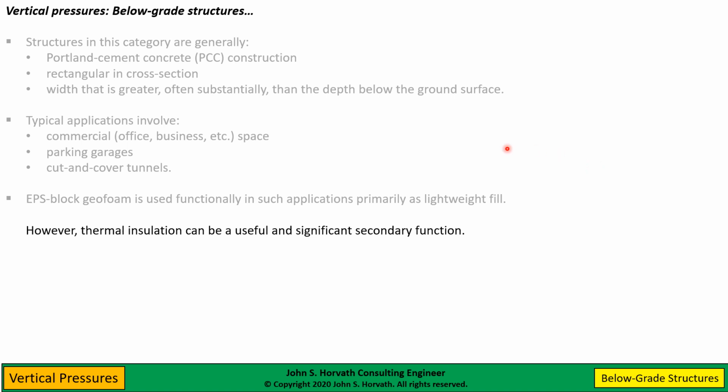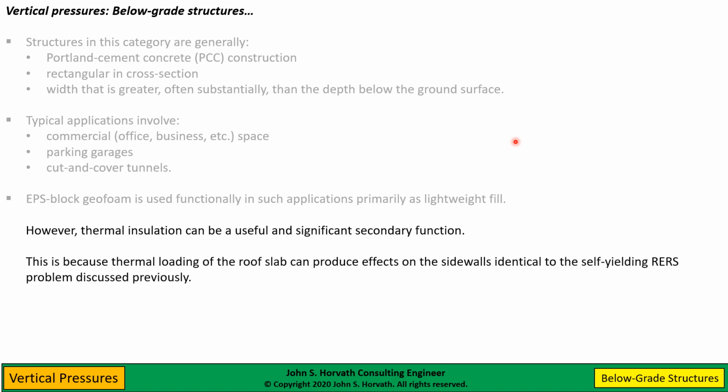It's of interest to note that thermal insulation can be a useful and significant secondary function for these types of structures. That's because they are often shallow enough so that thermal loading of the roof slab can produce effects on the side walls, very similar to the self-yielding rigid earth retaining structure problems that I discussed previously in some detail.